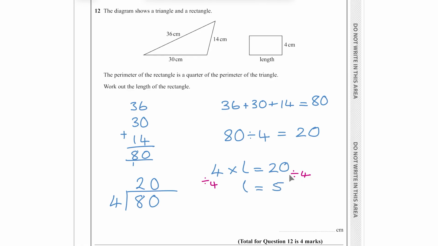This 20 divided by 4, I would probably also lay that out just in case it's on the mark scheme and the examiner misses what you've done here. Even though this is correct, you never know. So 20 divided by 4 is 5. So we can say that the length of the rectangle, which is double check, that's what they wanted, work out the length of the rectangle, it's 5.